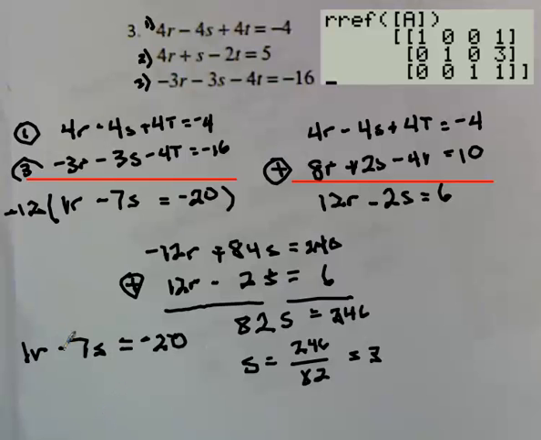And we're going to go ahead and substitute 3 in for that. So I get 1r minus 21 equals negative 20.